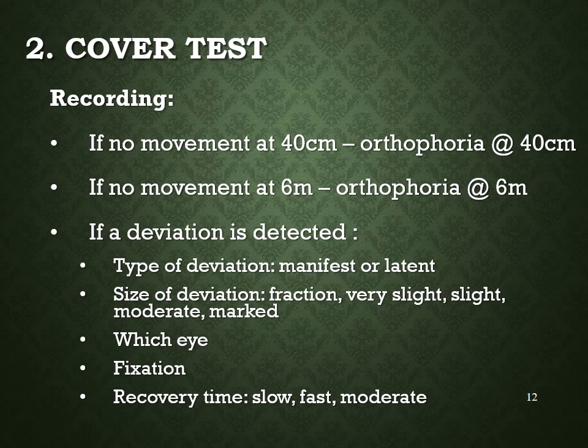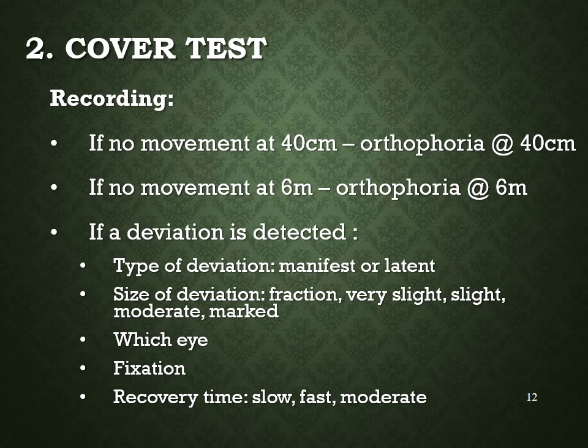If a deviation is detected, then you need to write down the type of deviation, either manifest or latent, and the size of the deviation, which is fraction, very slight, slight, moderate, or marked. And if the finding is tropia, you need to write down which eye is the tropia and which eye is the fixation eye.